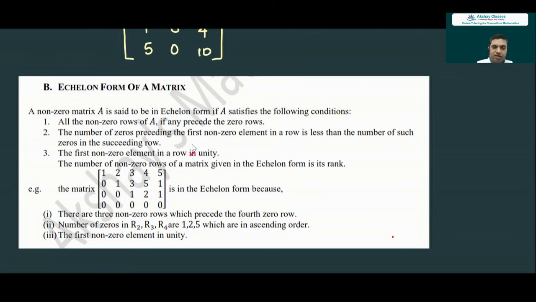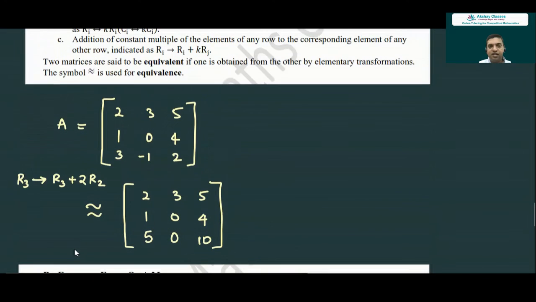The first non-zero element in a row is 1. If these three conditions are satisfied, then we call this the echelon form of a matrix.